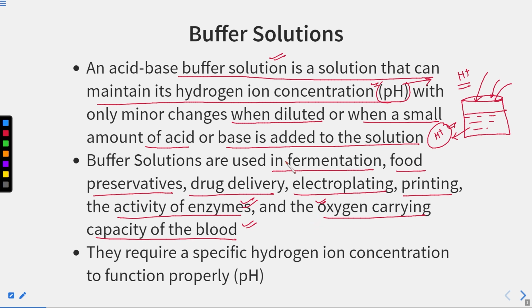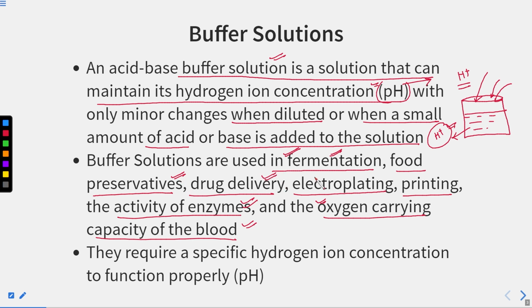If we are talking about fermentation, that normally takes place in the environment with the help of microorganisms, and sometimes we want to do some fermentation to prepare food materials. There also we try to maintain the fermentation, so there you can see the buffer solution. Food preservatives, there also you have the buffer solution.